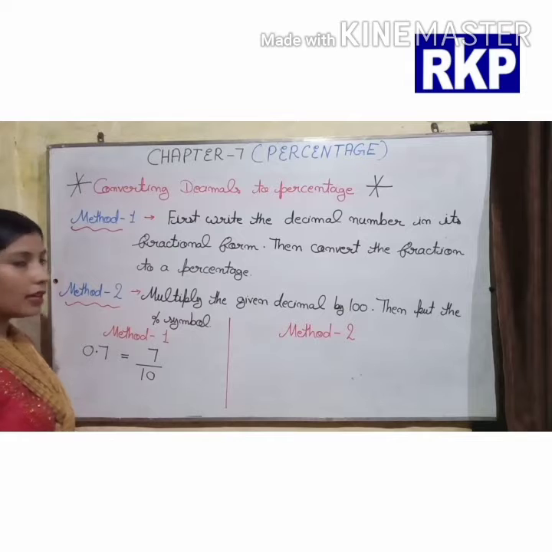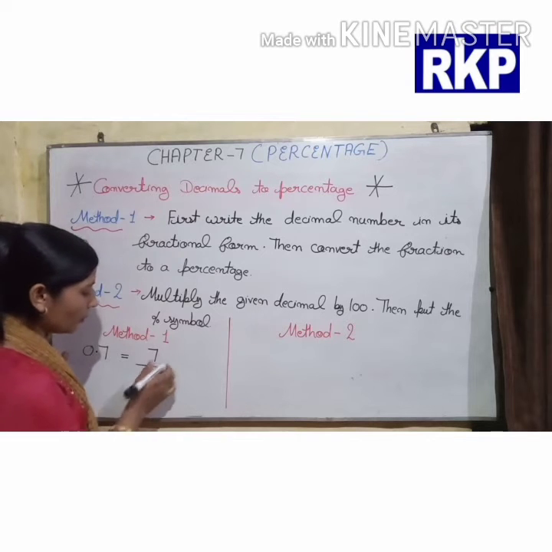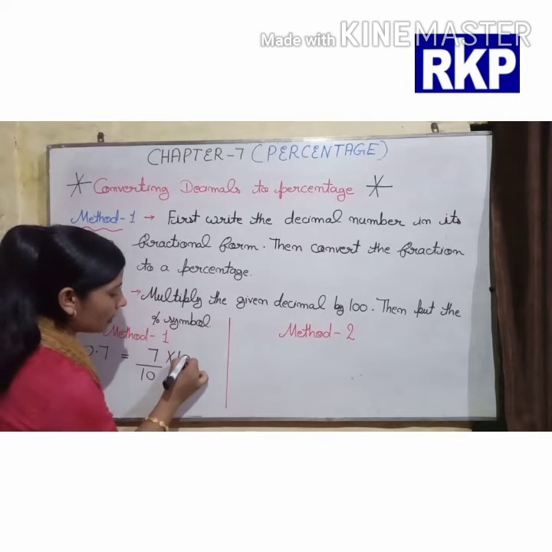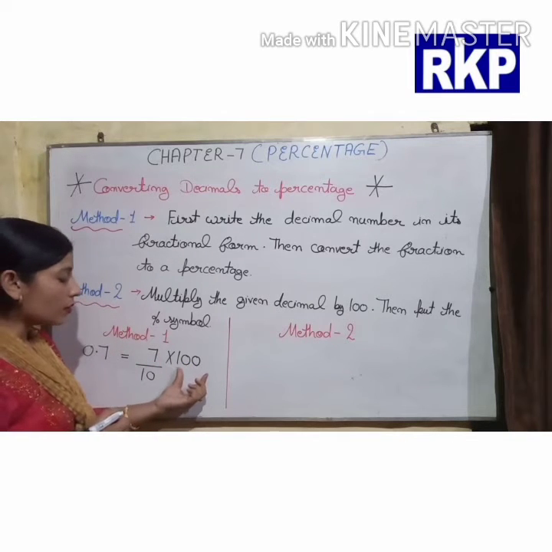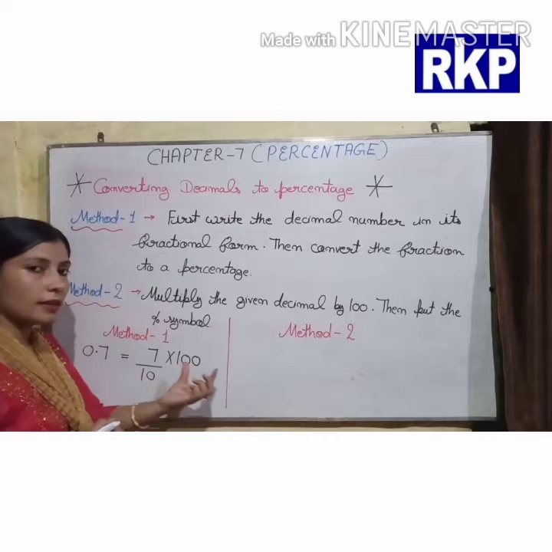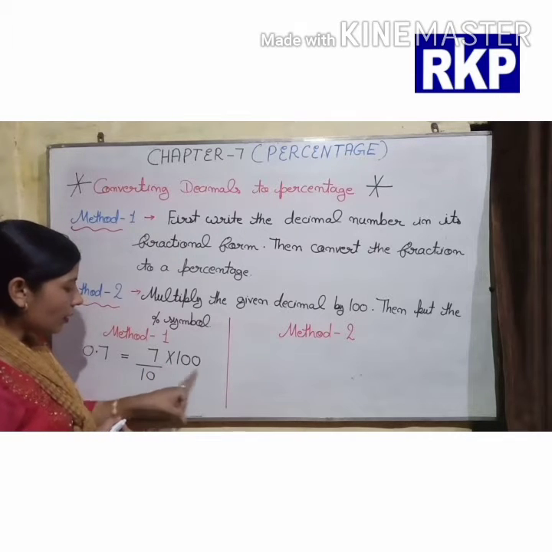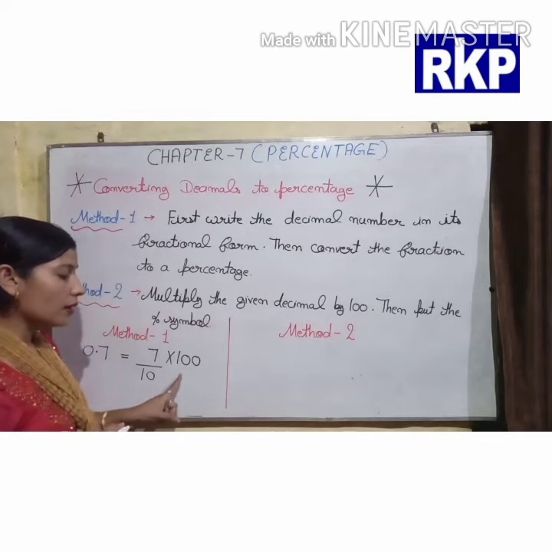So we can use any method. So here let us multiply this fraction with 100 to convert this fraction into percentage. So here beta we have 10 and here we have 100.